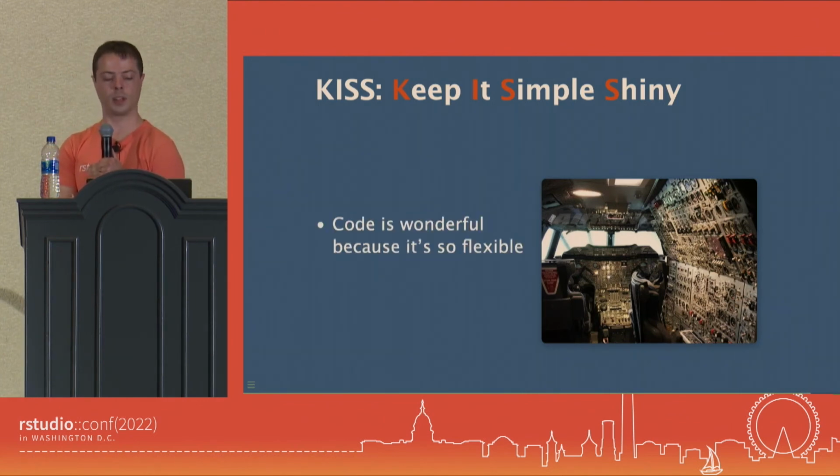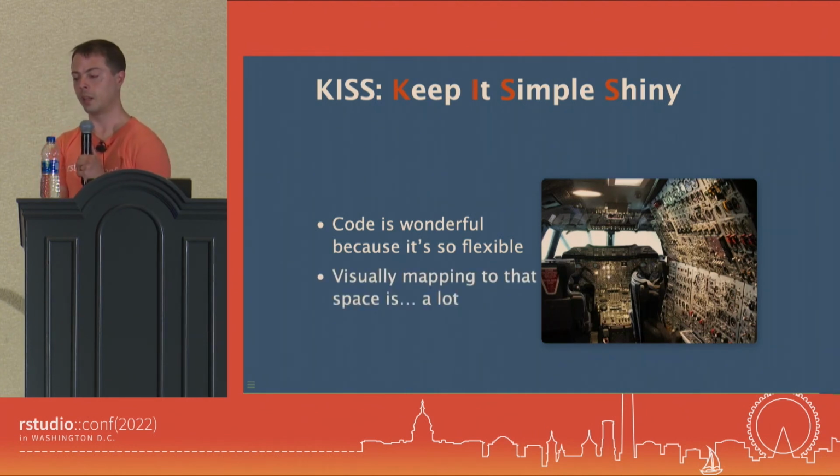because one of the things that happens with no-code editors is that code is an extremely wonderful medium for expressing yourself. RStudio is really a proponent of the power of code. And so the problem with that extreme flexibility is that there's a lot of solution space that you need to make available if you really want to fully explore that. And so visually mapping to that space can be really intense.